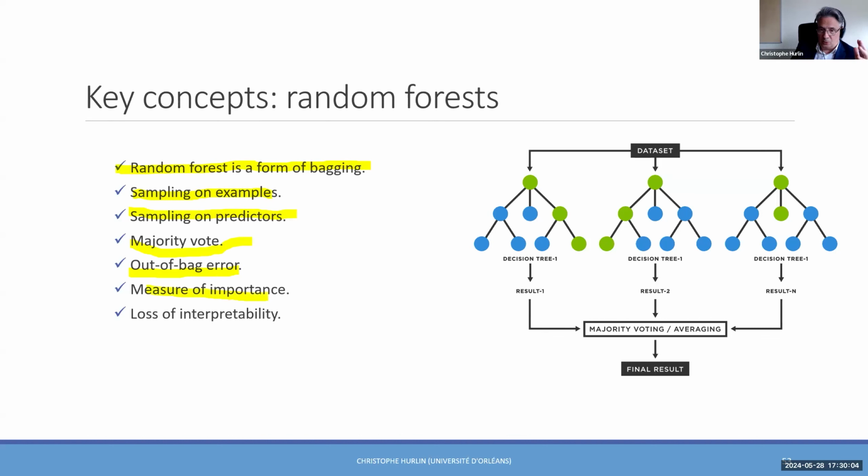You can also implement the feature importance measure, and there is a loss of interpretability. But random forest is often considered the best performing machine learning algorithm for the tabular datasets that we generally use in economics and finance.